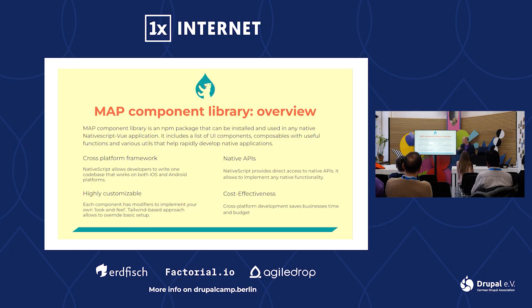We make our components customizable, so they are available to reuse and create different looks and feels. And all of that leads to cost effectiveness, because you have one application and you have a lot of reusable components.